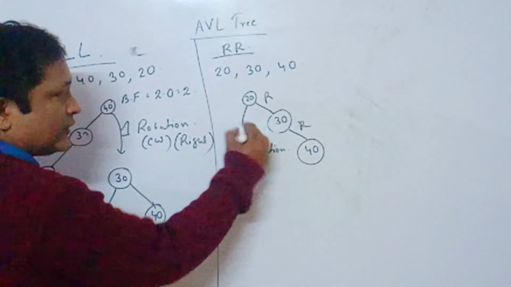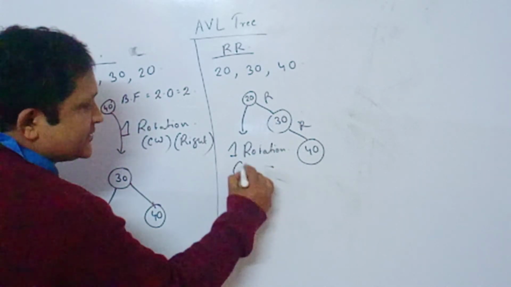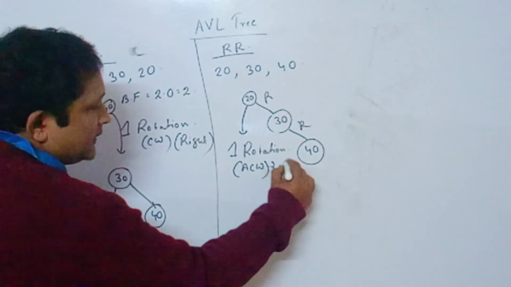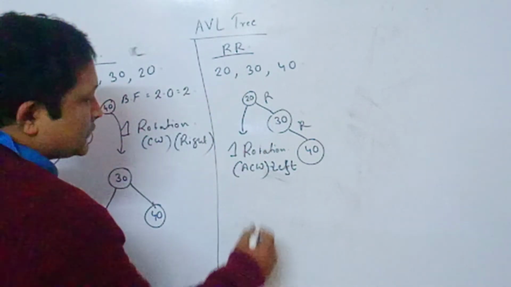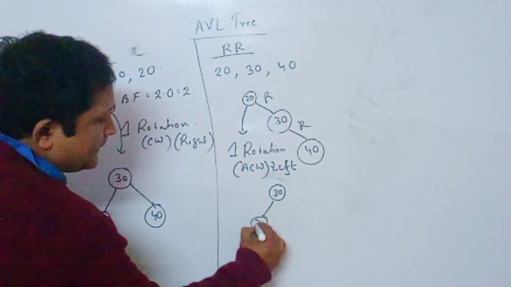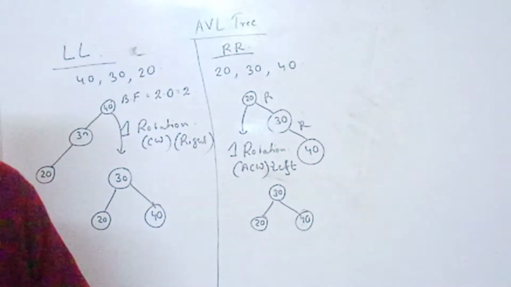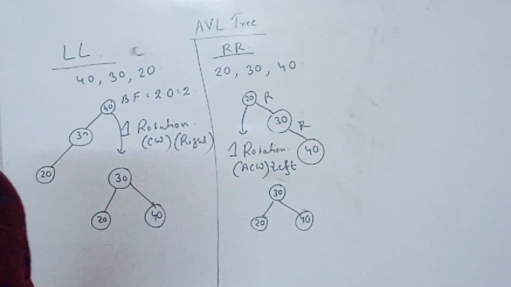So anti-clockwise rotation makes 30 the root. We can say it is a left rotation, towards left. So we have 30, 20, 40. That is what we must have. So this is a right-right imbalance.